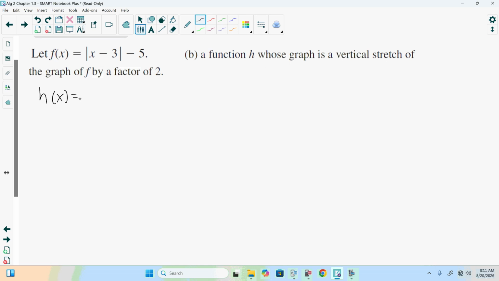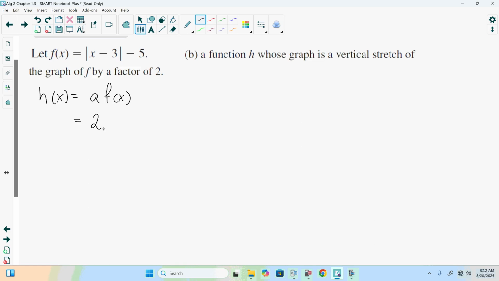Now, vertical stretch or vertical shrink, the general form is a times f of x. Yes? That's just the general form. It is vertical, yes? So what's a? A is 2.